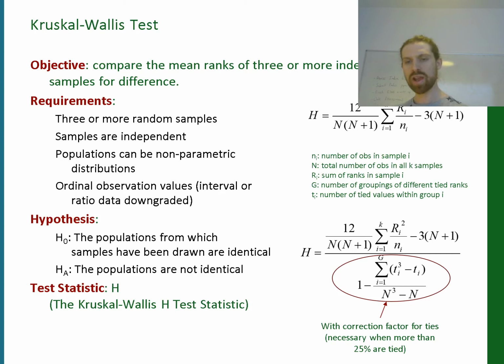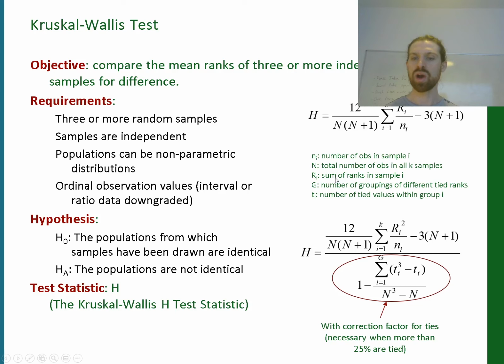And then essentially on the right hand side here, we need to find the H statistic. So we need to take 12 as the numerator and then divide it by the total number of observations multiplied by the number of observations plus 1, multiplied by, for all of the samples, the R squared value here.